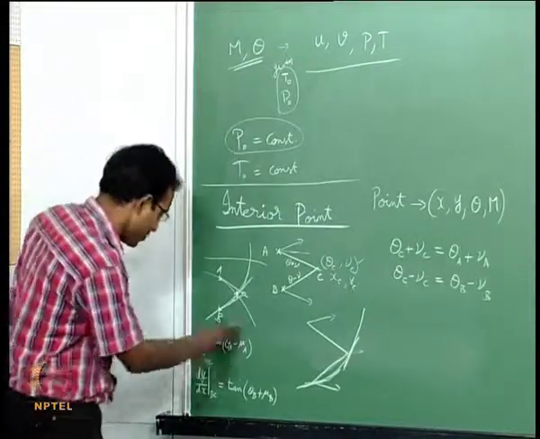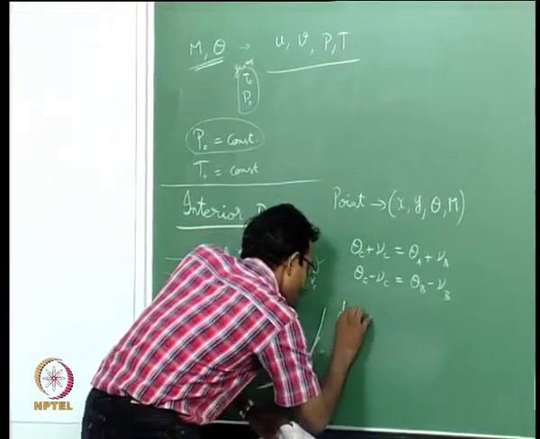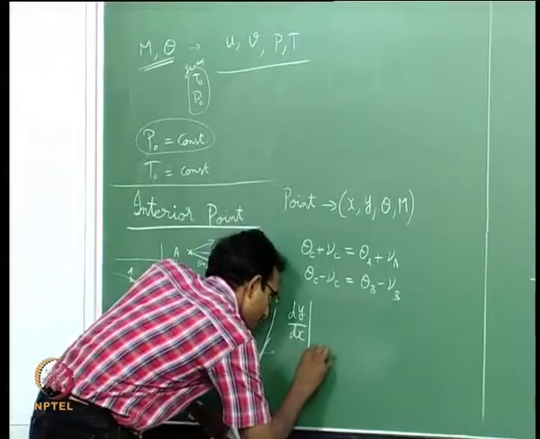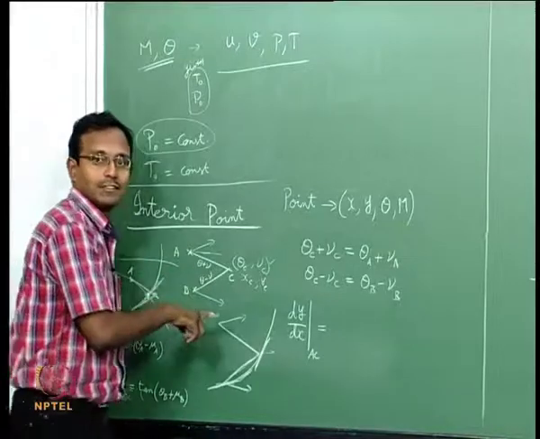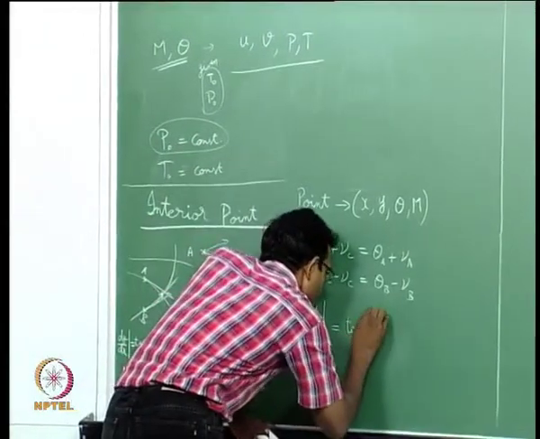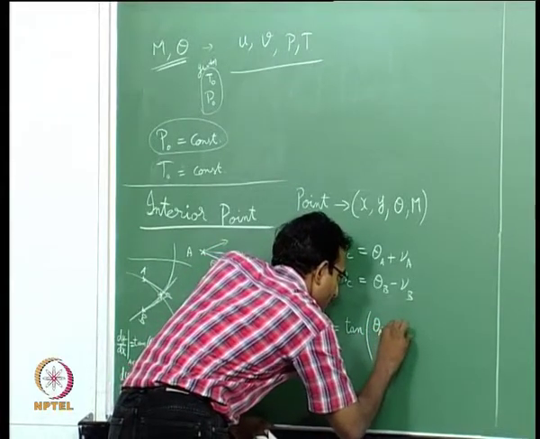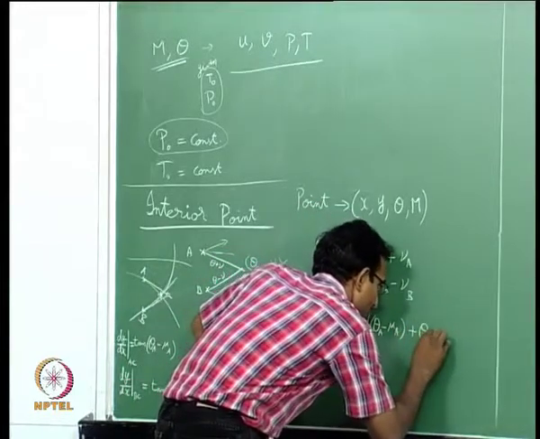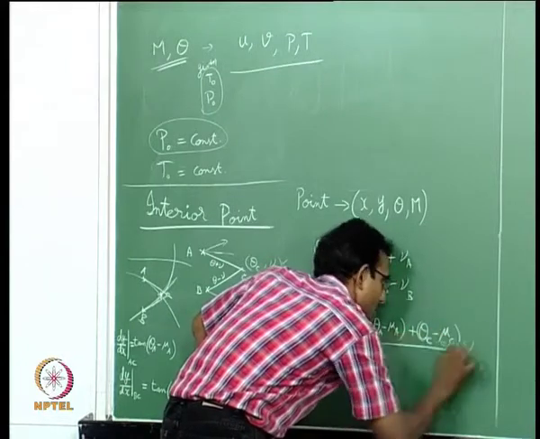So, what we do is, instead of this version of dy by dx, we will write it differently. Dy by dx of AC, AC is my right running characteristic, so it is theta minus mu. I will write tan of theta A minus mu A plus theta C minus mu C divided by 2.